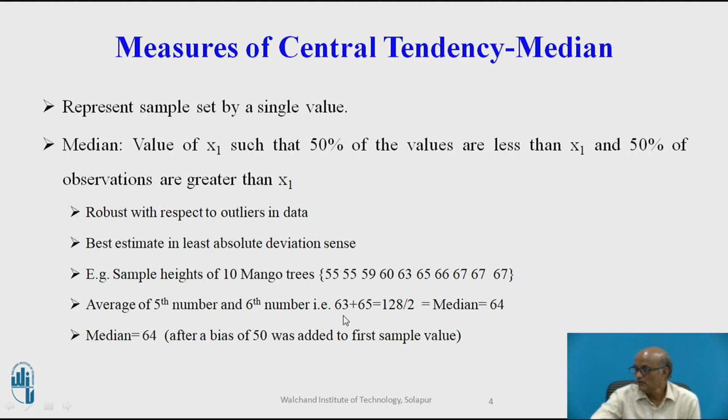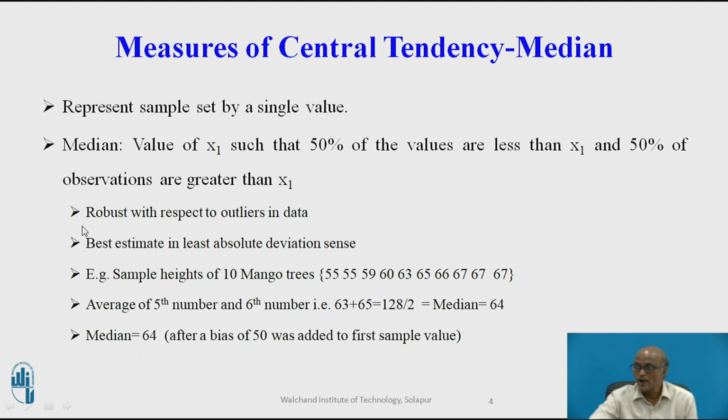So what we have to do is take the fifth and sixth numbers, that is 63 and 65. We take the average of these two, and that will be the median of this data set. That comes out to be 128 divided by 2, that is 64, which is the median.